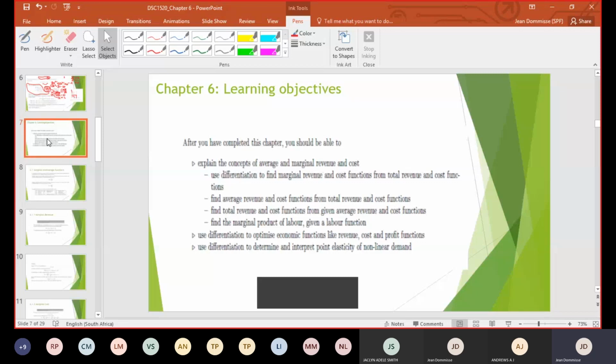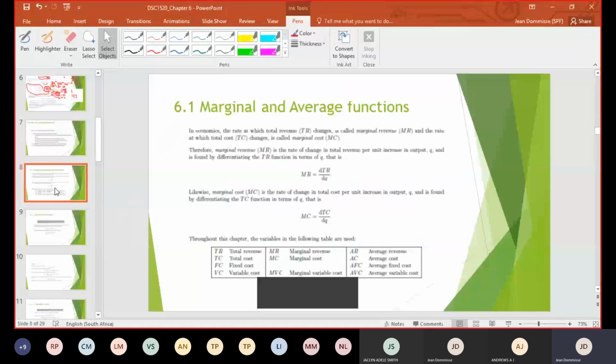Okay, so I just included in the start of the chapter the learning objectives. So I'm not really going to go into there.